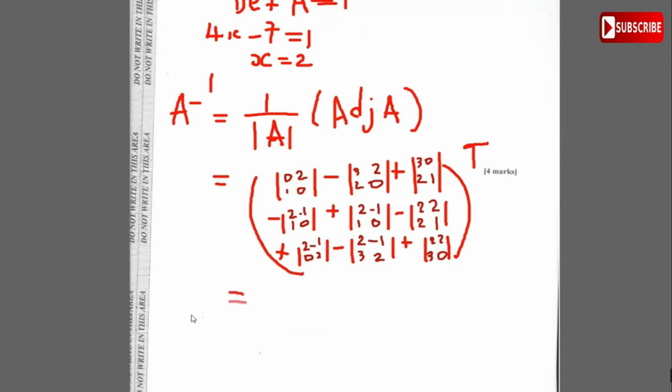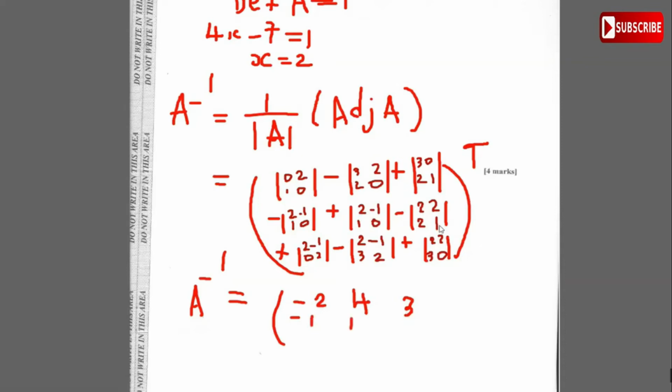And so we're going to get that A inverse is equal to, working this out, 0 minus 2 is minus 2. This is now 0 minus 4, minus 4 is 4. This is now 3 minus 0 is 3. This is now 0 plus 1, and the minus of plus 1 is minus 1. Then we have 0 plus 1.